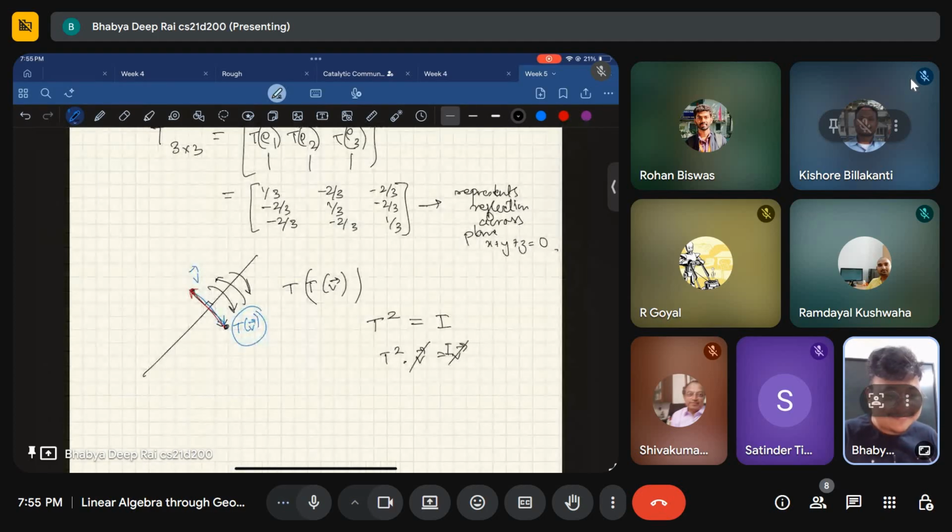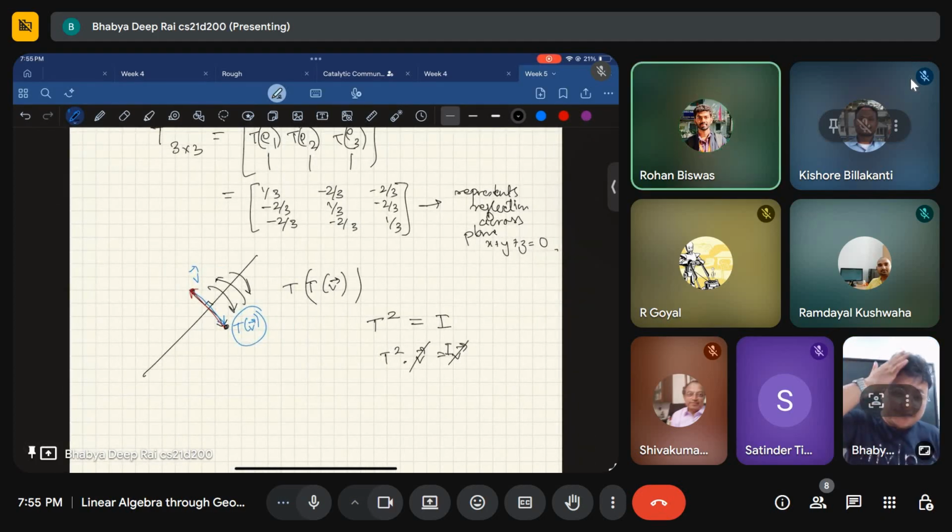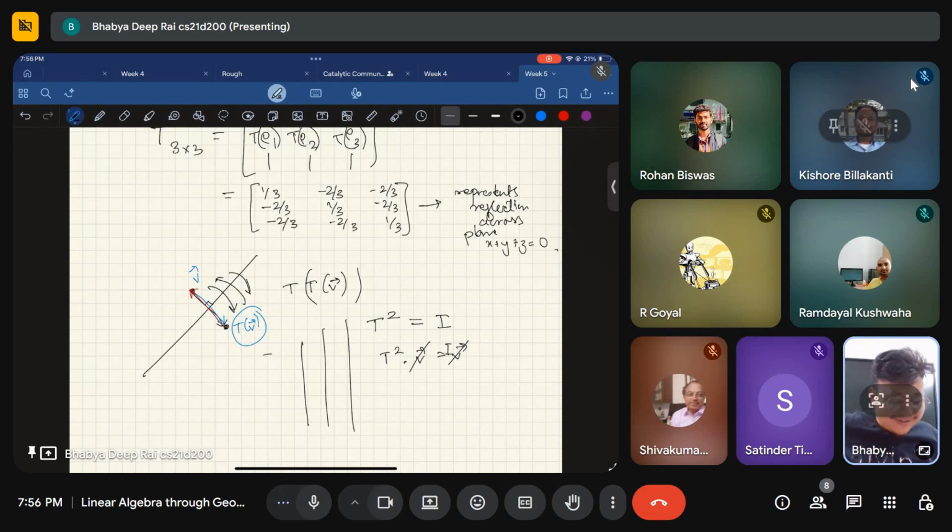Good. Sir, suppose in general someone says T square equal to I, will it always mean that T is a reflection matrix? That's a good question. Check it out. I would recommend you draw a grid and look at how transformations affect the grid.